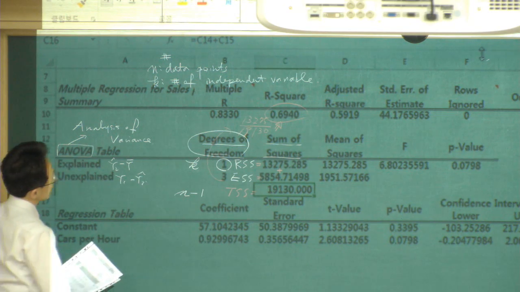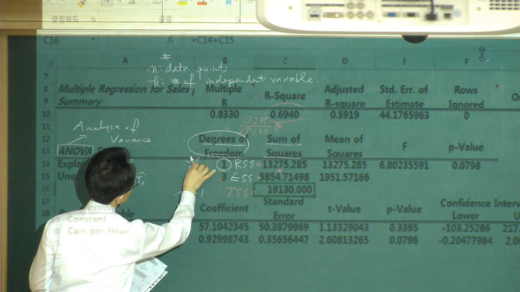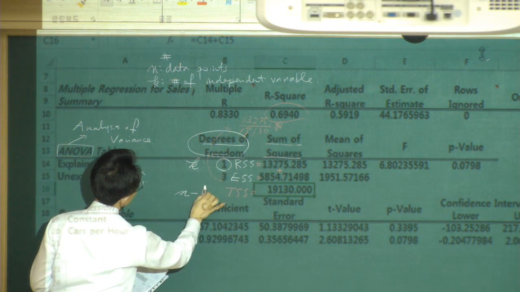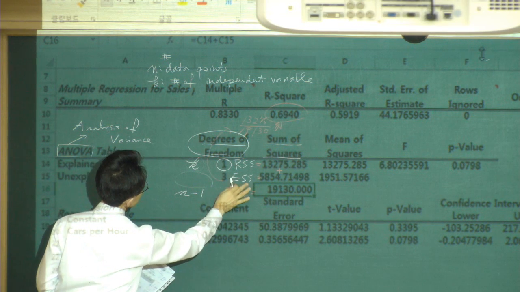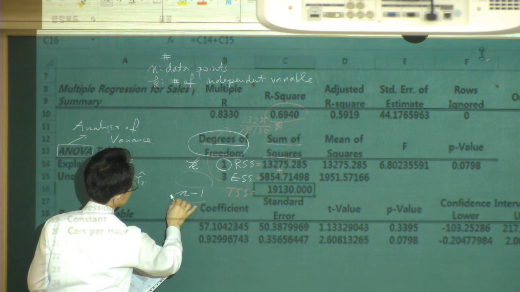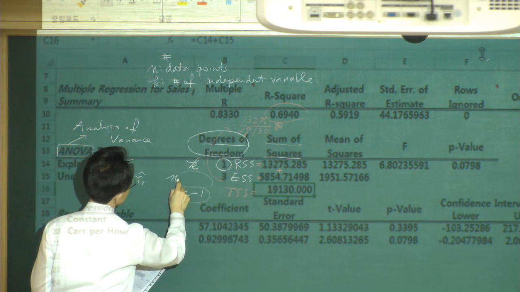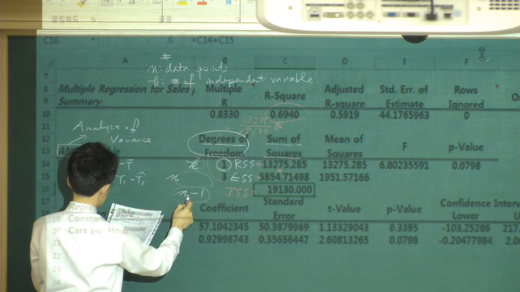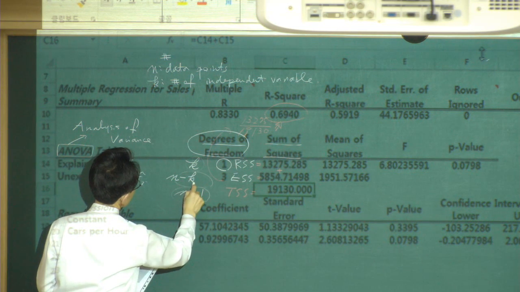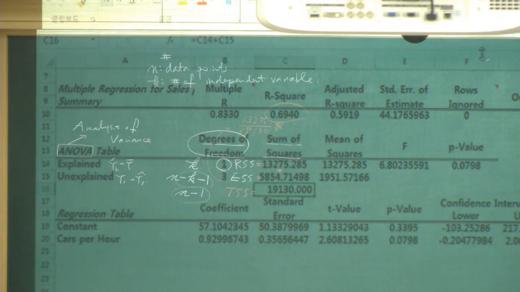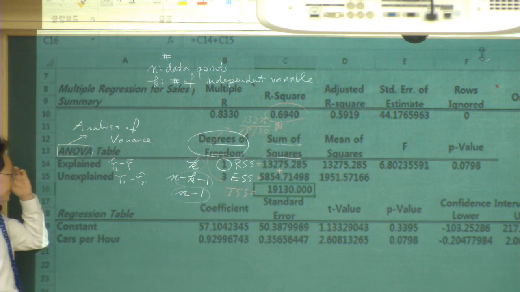When we add the degrees of freedom for RSS and ESS, that should equal the degree of freedom for TSS, so this is going to be n minus k minus 1.